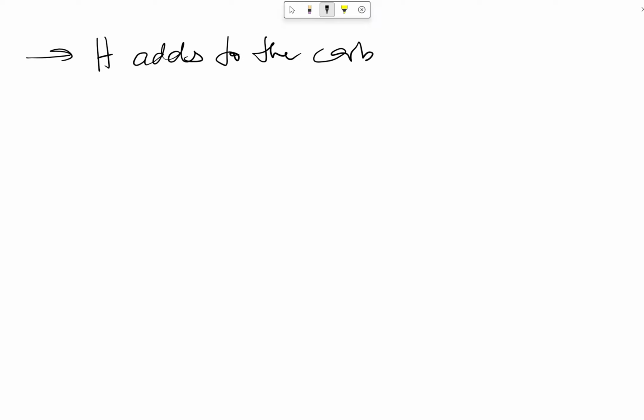Now, the general thing about understanding Markovnikov's addition is that Markovnikov's rule states that hydrogen, which in this case is the electrophile, adds to the carbon with the most amount of hydrogen attached.